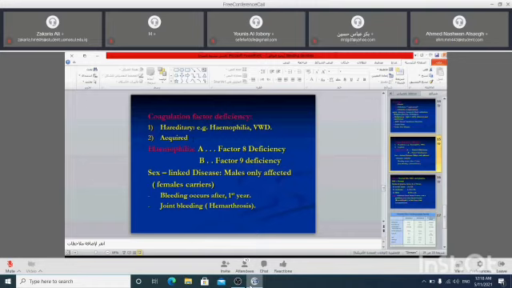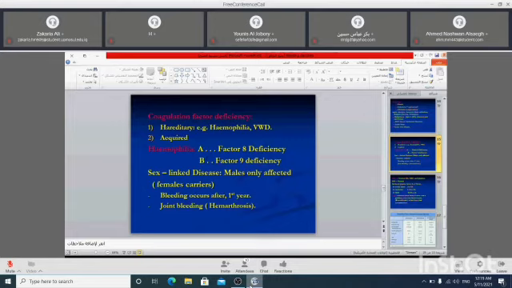نبدأ نشرح على hereditary causes الهيموفيليا. We have hemophilia A, factor 8 deficiency, and we have hemophilia B, factor 9 deficiency. Our name for hemophilia B is Christmas disease.